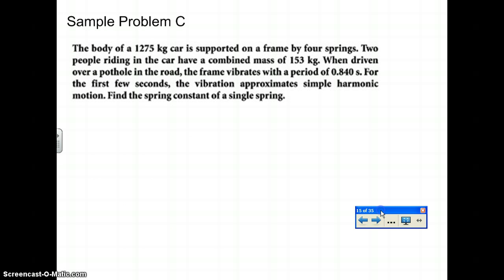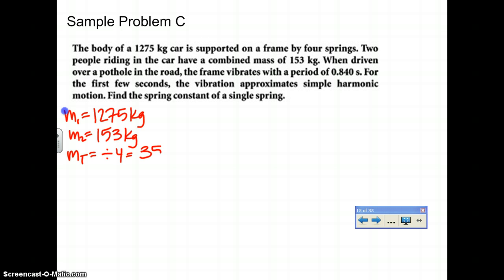Sample problem C, you are looking at a car that has 4 springs on it. The first mass that you come across is 1275 kilograms, and the second one is 153 kilograms, thus giving you a total mass that you want to divide by 4 to give you 357 kilograms per spring.